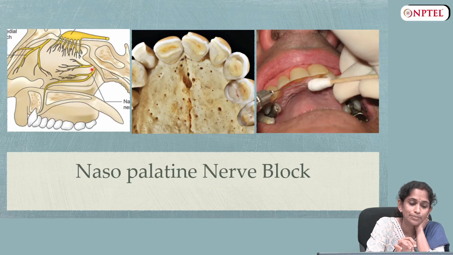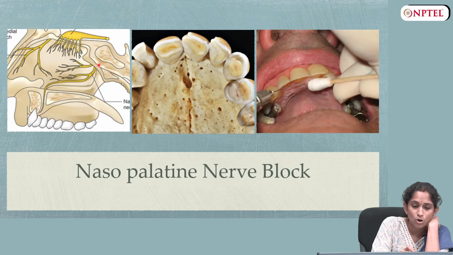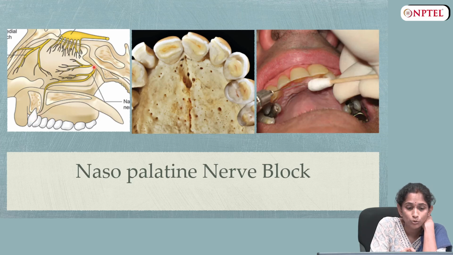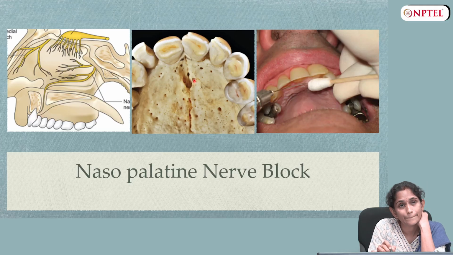So, this is the complete course of the nasopalatine nerve from its origin in the pterygopalatine fossa, in the lateral wall of the nose, and its exit into the palate.